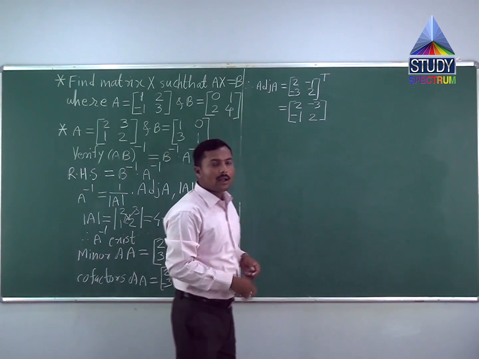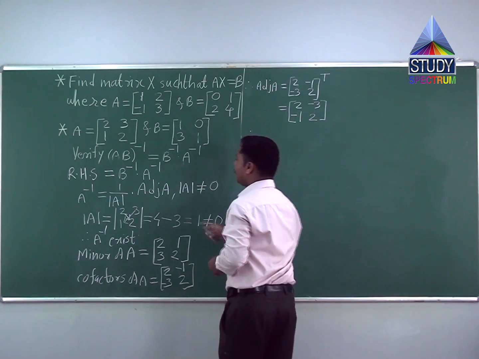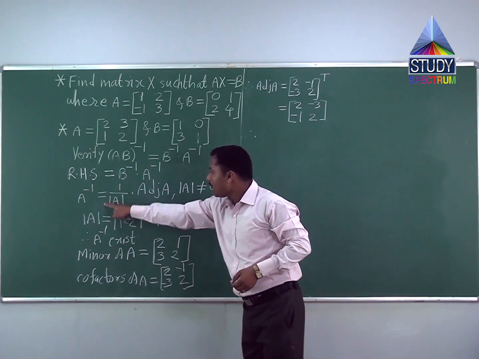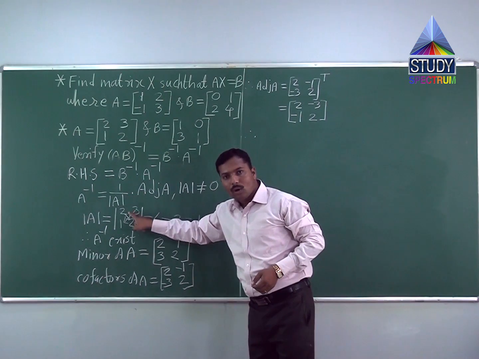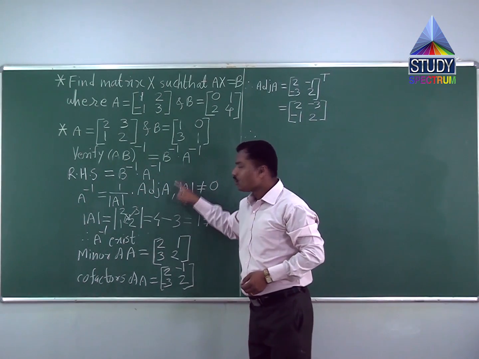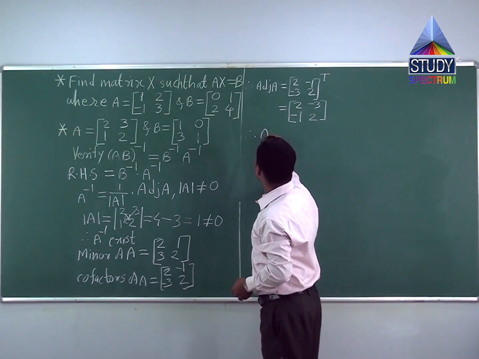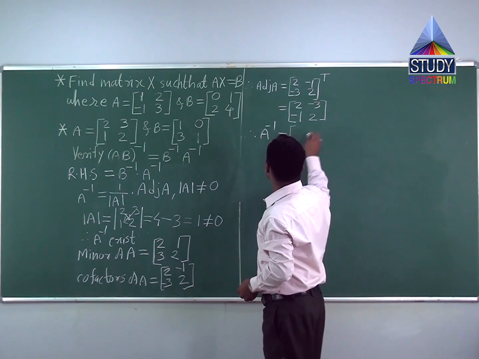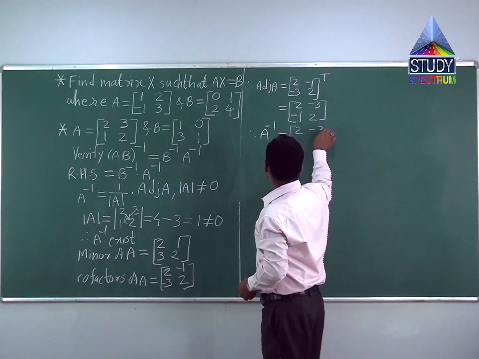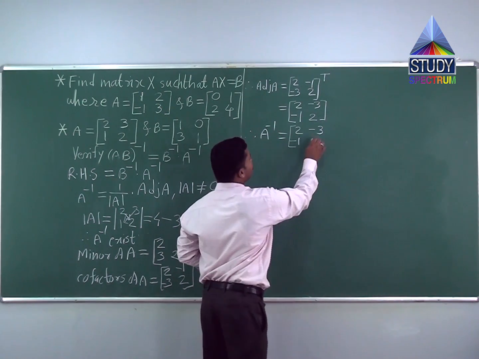So this is our adjoint, and therefore by using this formula, A inverse equals 1 upon determinant, which is 1, into adjoint of A. So A inverse equals this adjoint of A, this matrix: 2, minus 3, minus 1, and 2.